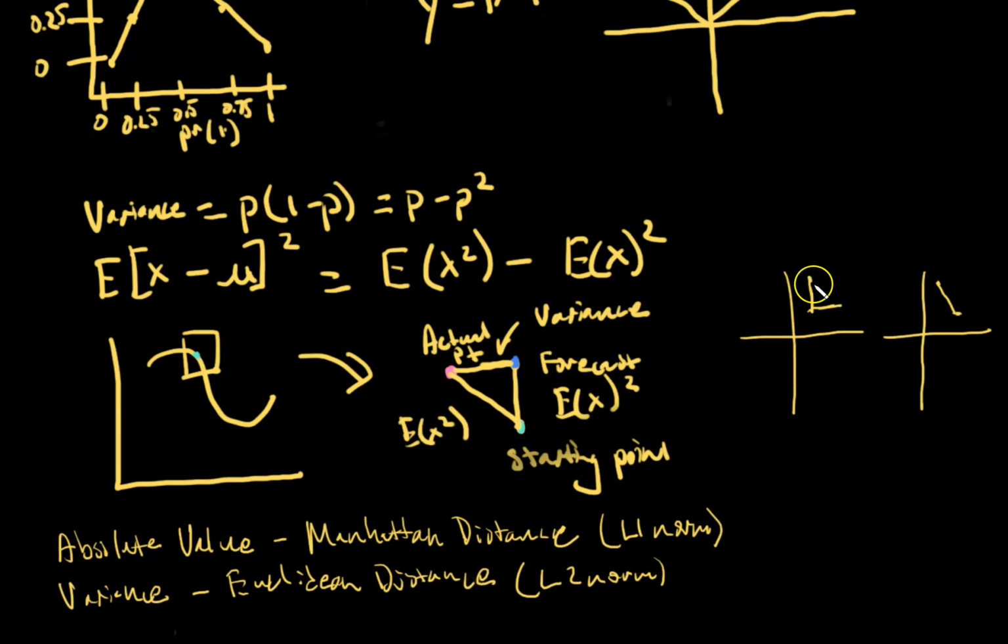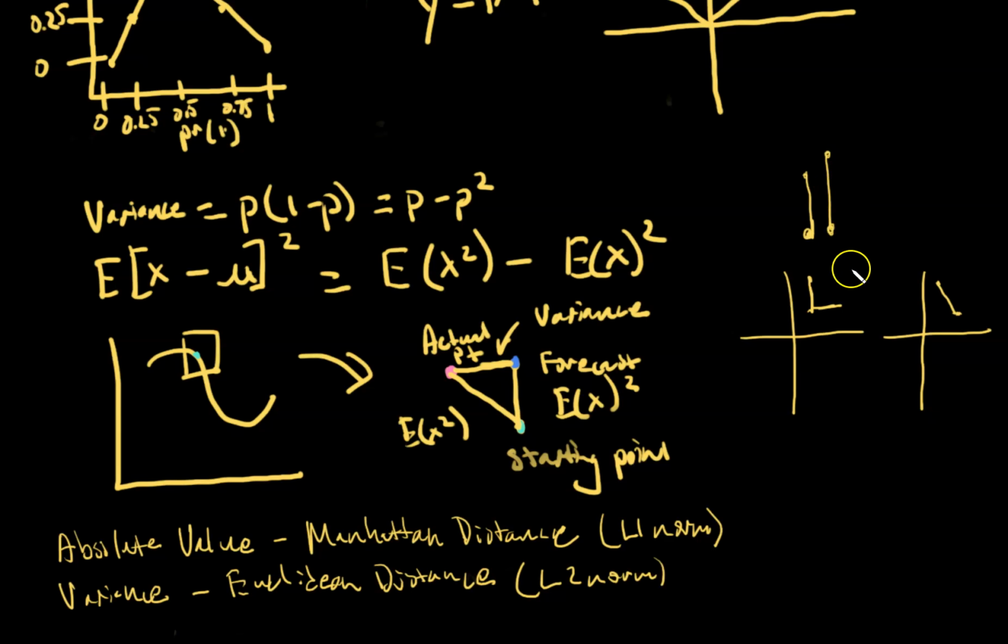I think of it as under the Manhattan distance, your error will be off. Let's say you had a starting point right here, and you're making some kind of forecast. Under the Manhattan distance, maybe your forecast is slightly off. Maybe instead of this as the ending point, you have this as the ending point, so you're slightly off along this dimension.